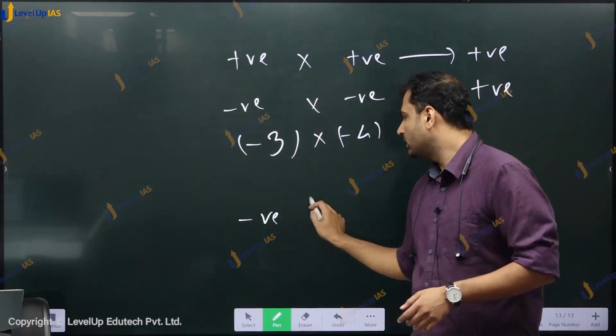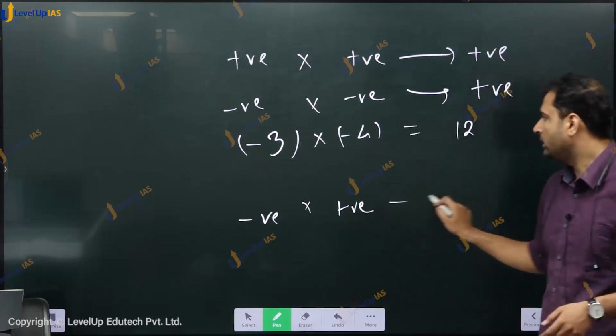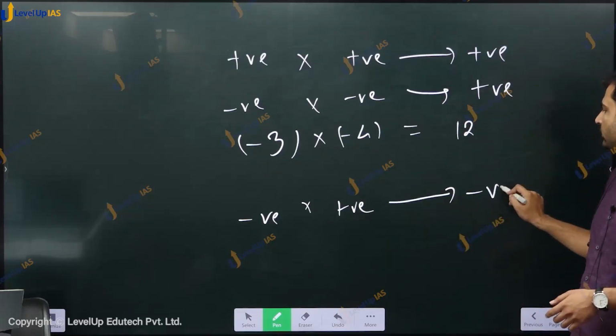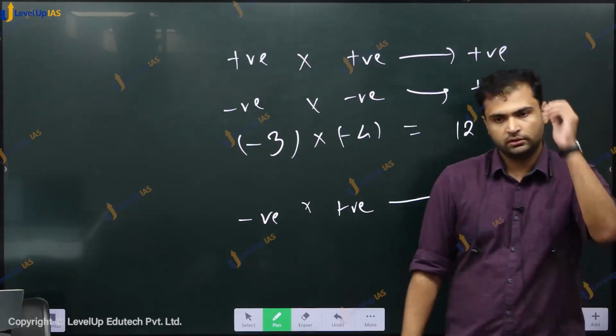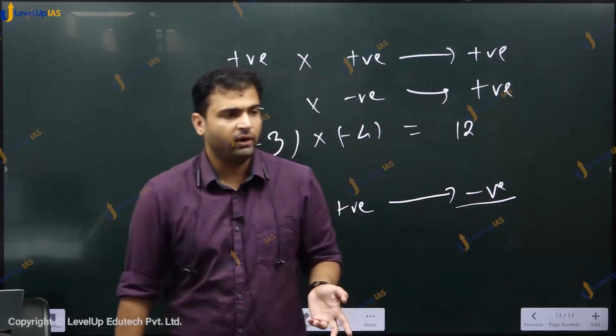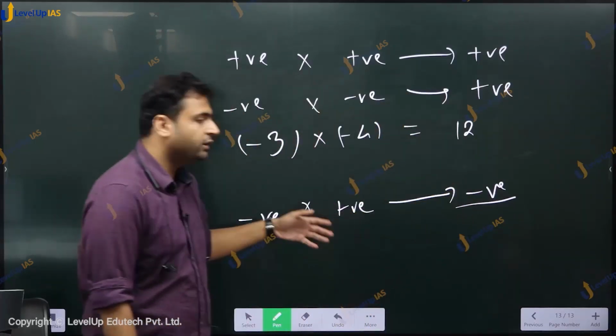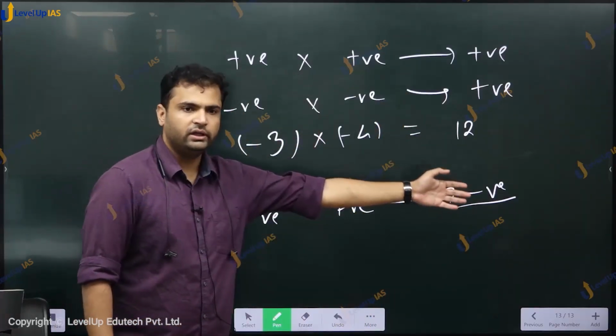Finally, negative number into positive number. क्या ये क्या होगा? Negative number. In general, if we have odd number of negative signs, then we'll have negative number.